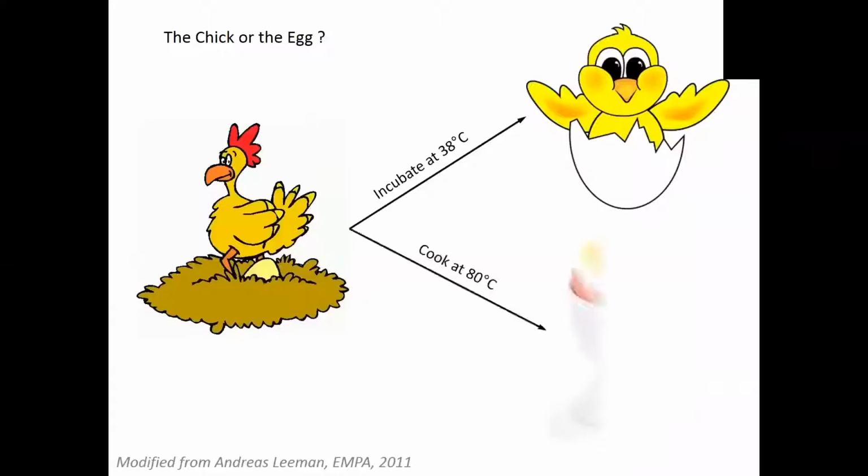If we instead cook that at 80 degrees Celsius, we end up with a boiled egg. And it really isn't surprising that we get completely different results from these tests very often with certain aggregates. So it's my opinion that with the accelerated tests, we're often going to end up with egg on our faces, if you pardon the pun.